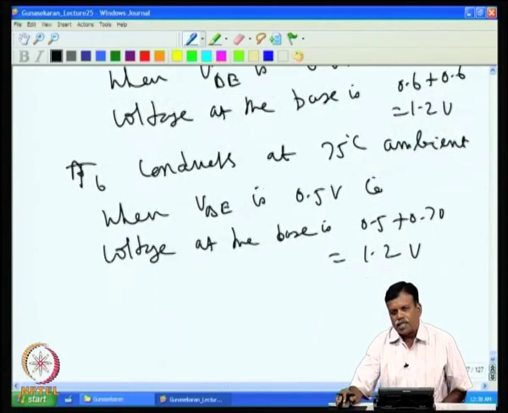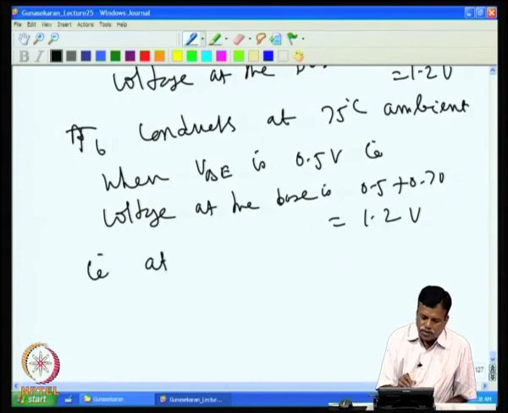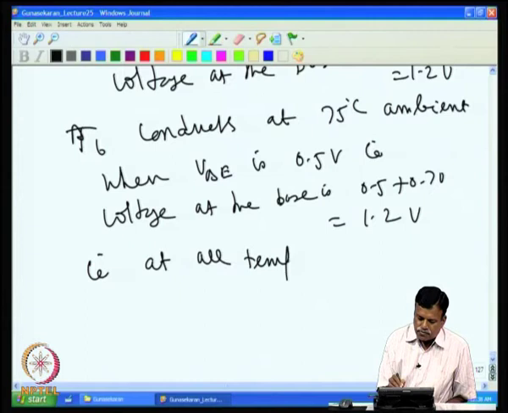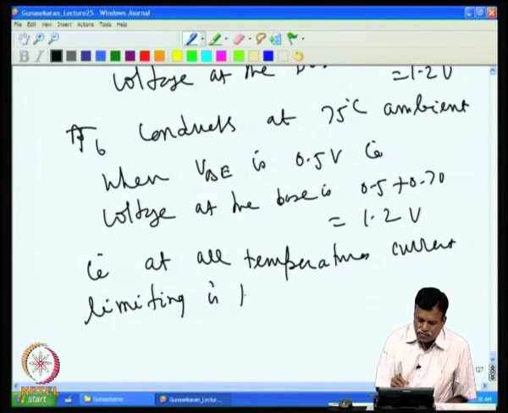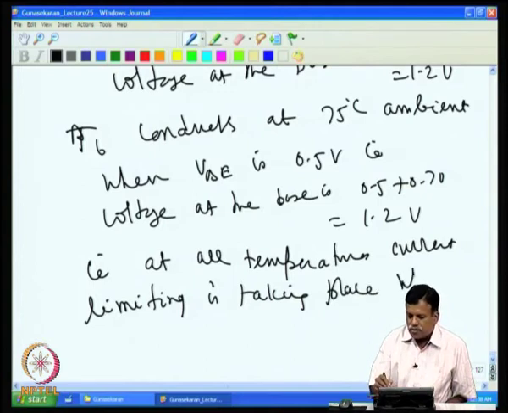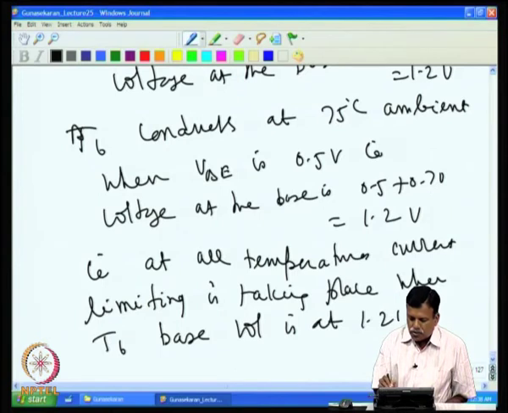So, all the time it limits the current only at 1.2 volt, that is, at all temperatures current limiting takes place when T6 base voltage is at 1.2 volt.